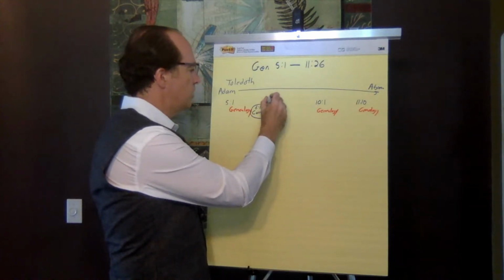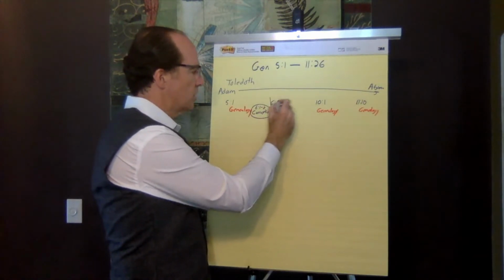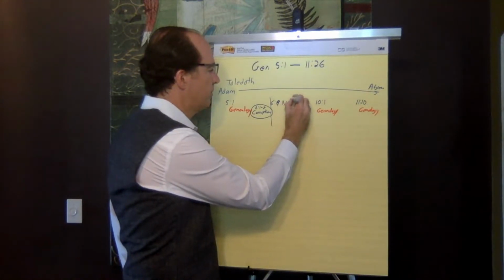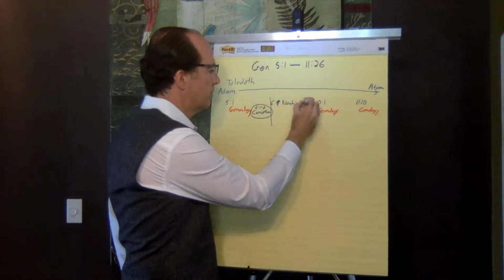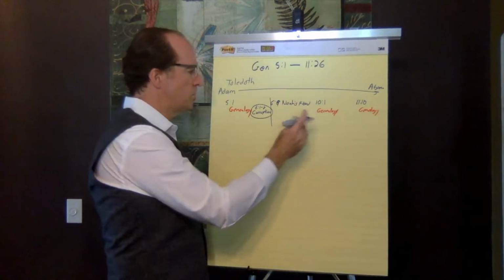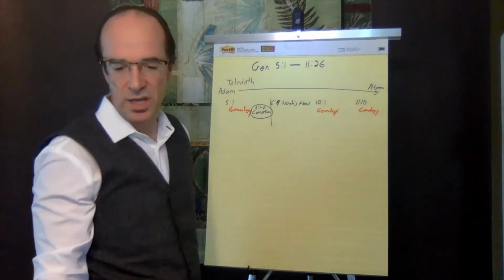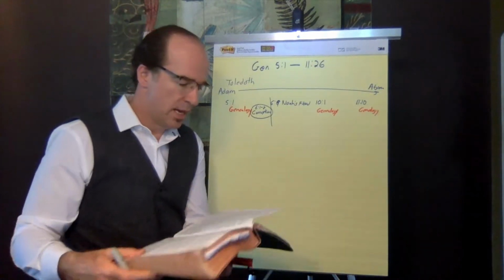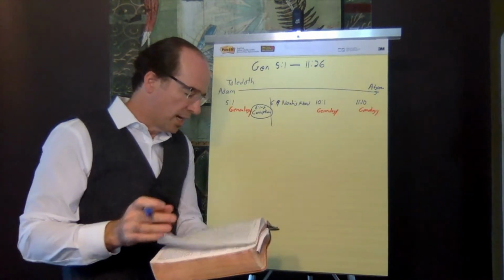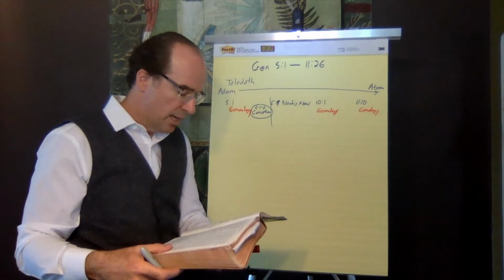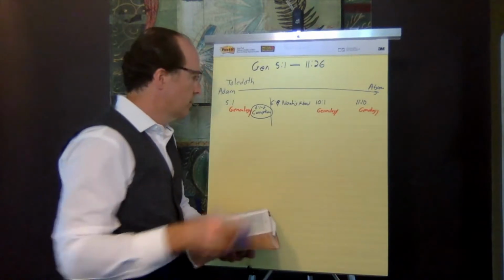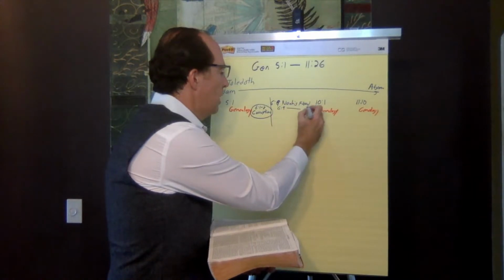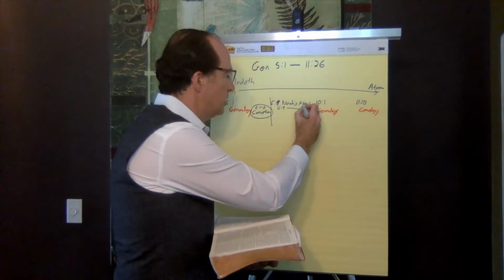Again, we have a toledoth here. So this is going to be Noah's flood. This is a large block of narrative that goes from 6.9 all the way through 9.29.